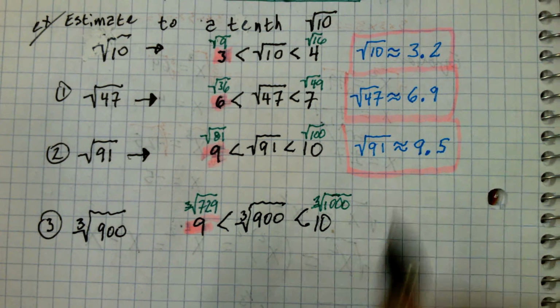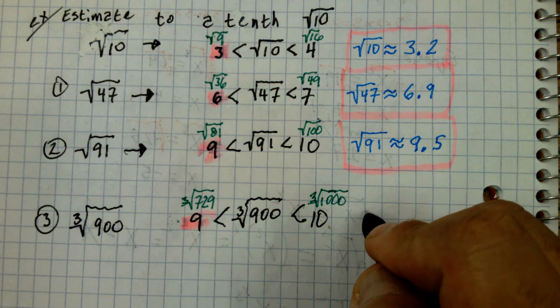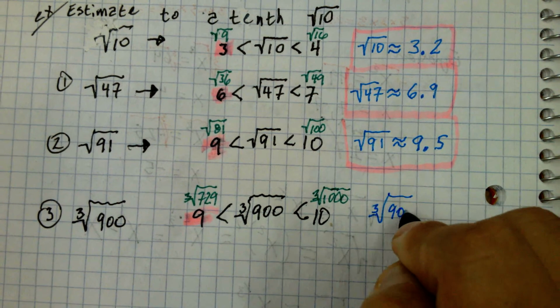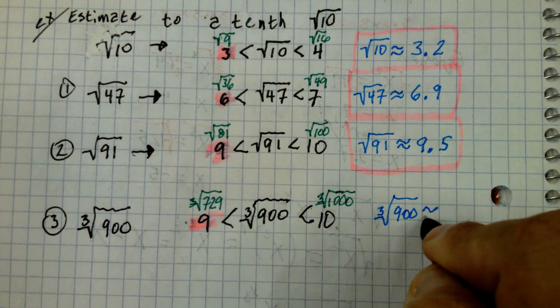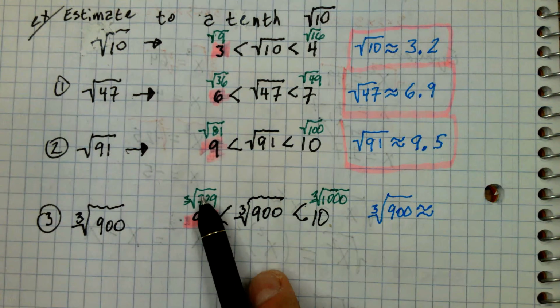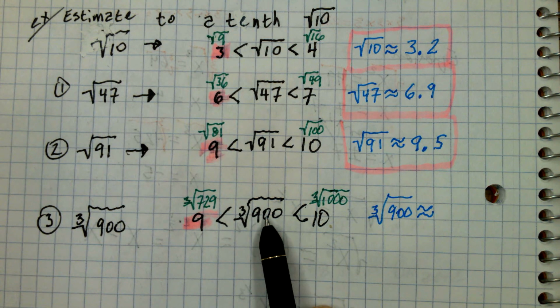See if you can figure out what it's closer to, 729 or 1,000. From 729 to 900 is how much?